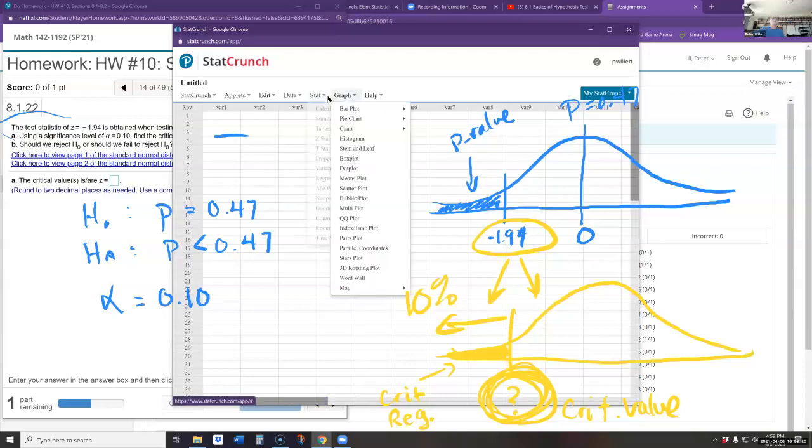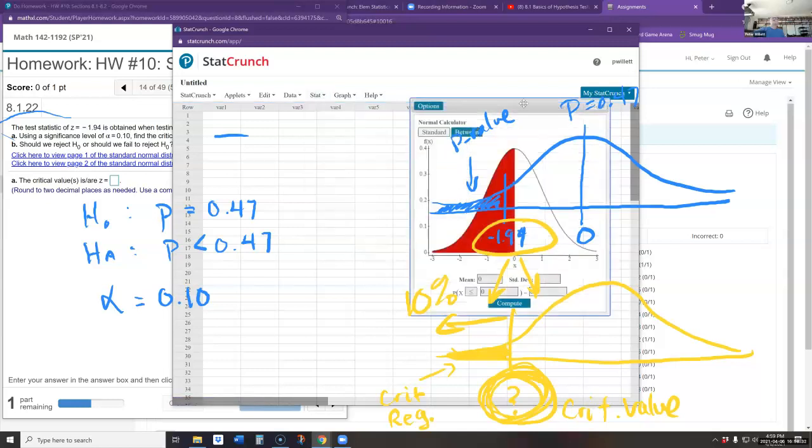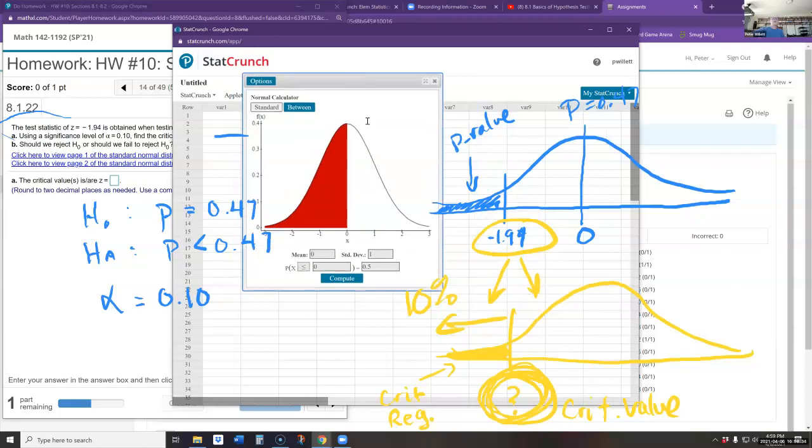And I would go to Stat, Calculator, and this is a z distribution, a normal distribution, because it's for a proportion. So I would go to normal. Here we're getting a picture that matches what I want, but I want to find the location where this critical region is 10%, because that's how far I need to get to satisfy a 10% significance level.